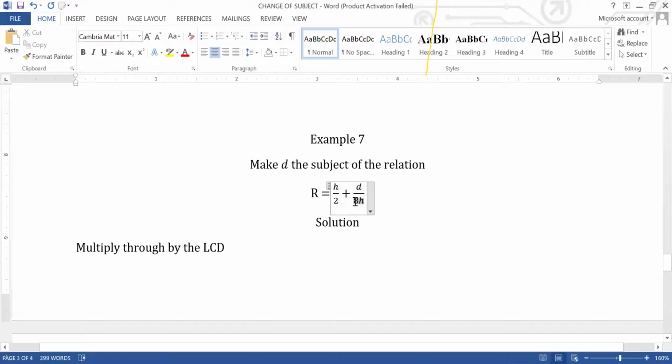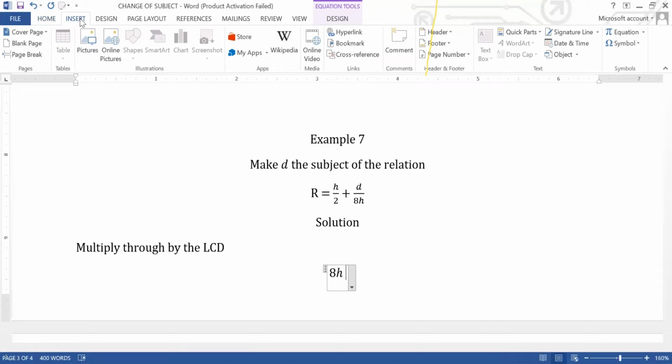I'm going to write 8h for everyone, so that everyone can see it well. This is the first one we are multiplying, so I want to use the multiplication sign. In real sense, I wouldn't have used it, but I want everyone to get it right, so we'll be on the same page.